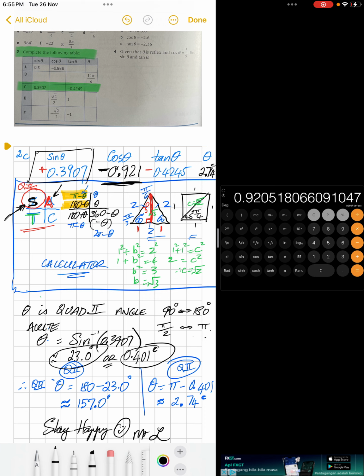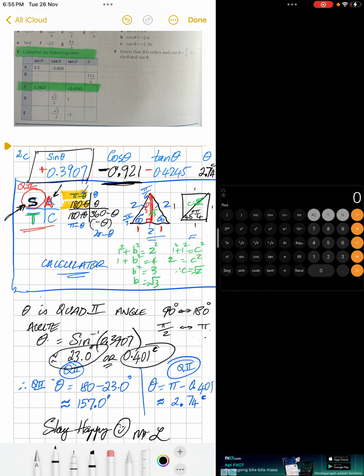Now, if you want the number, you just press cos of 0.401 in radians, and you'll get 0.920.